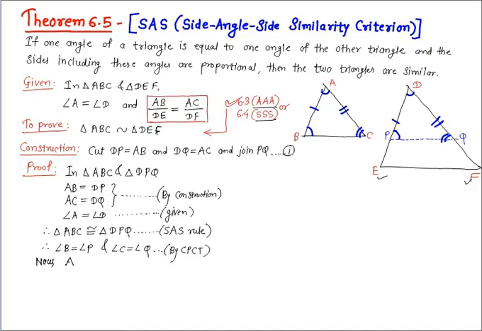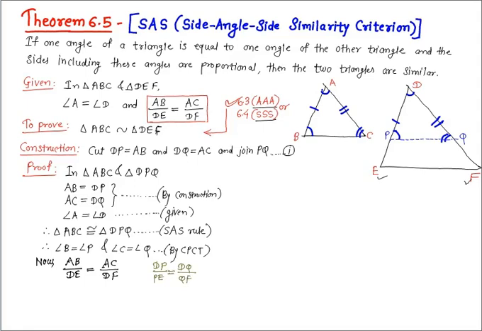Let's write this. Now, AB by DE is equal to AC by DF. This is the given ratio. Now, to use the converse of BPT in triangle DEF, we want DP by DE is equal to DQ by DF, right?